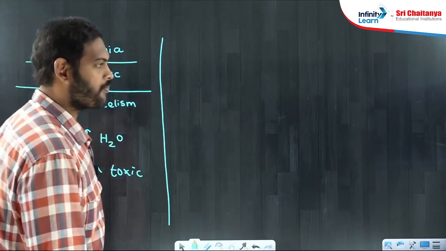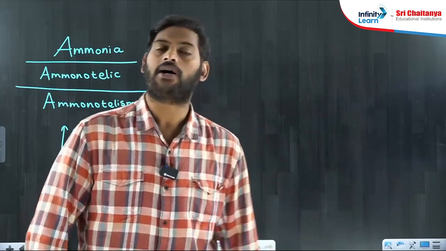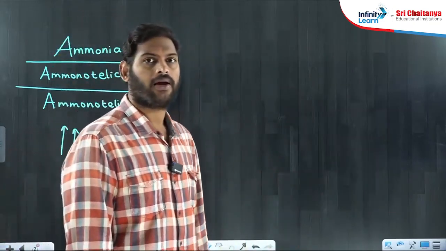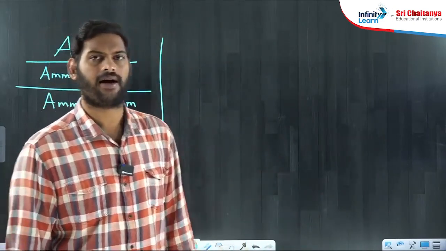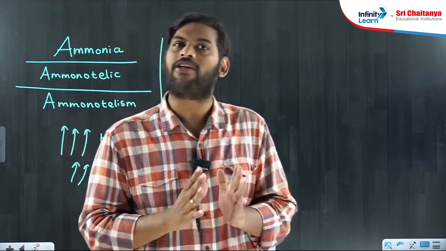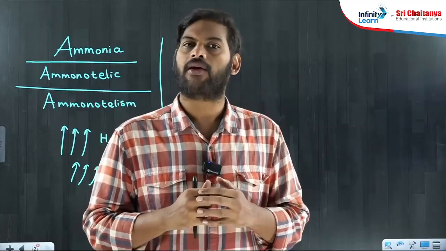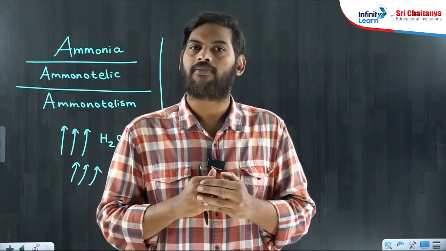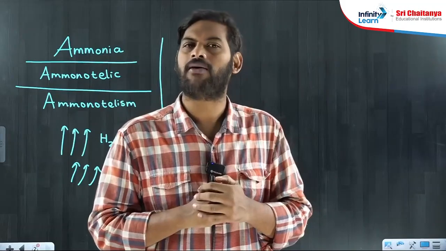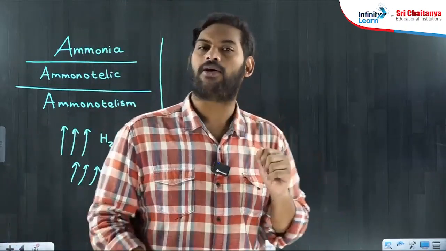Okay, but in some animals like mammals and some sharks, marine fishes, and some land amphibians, we got good functioning of liver. Our liver will take up this ammonia, decrease toxic levels of ammonia. But how? Ammonia will be converted into urea. Urea is comparatively less toxic.